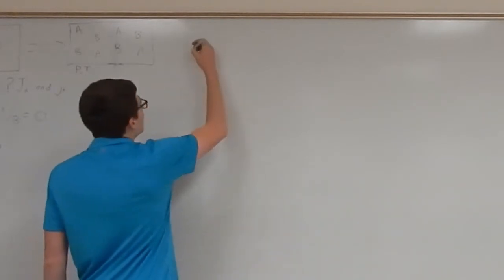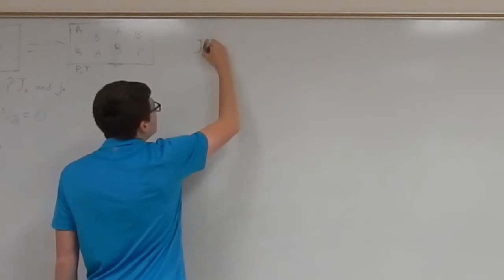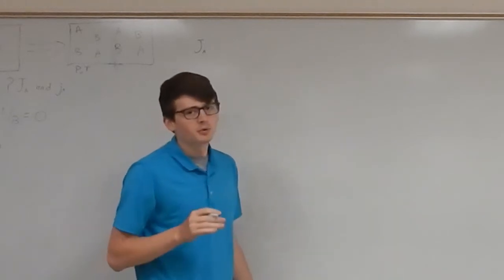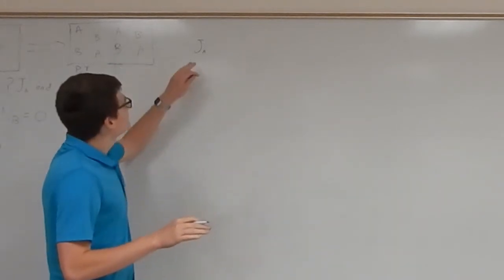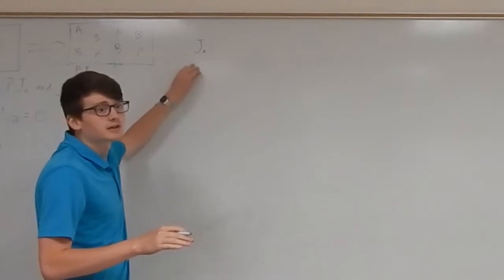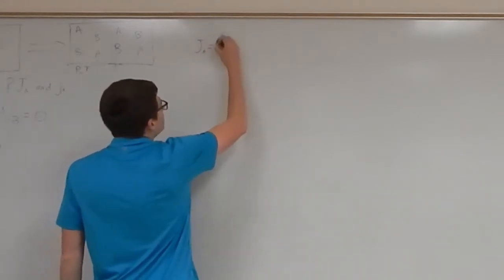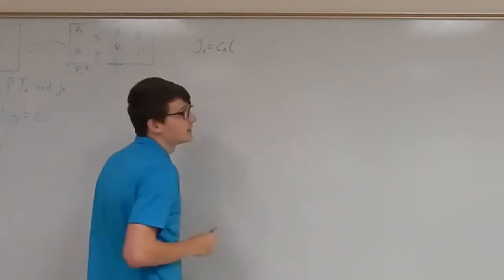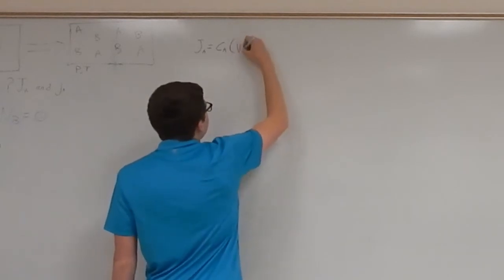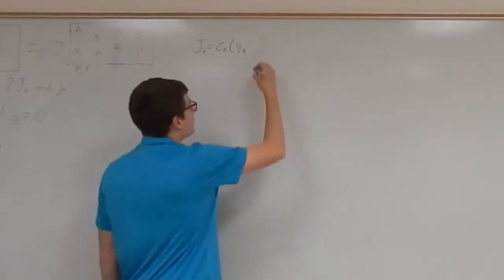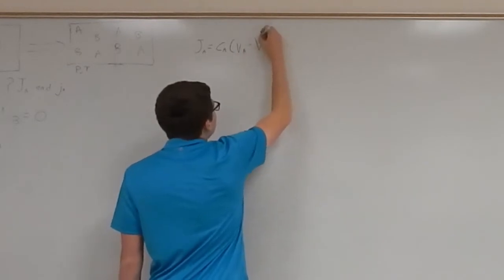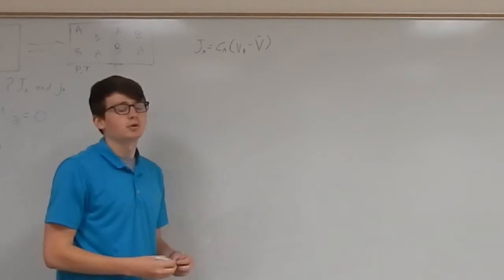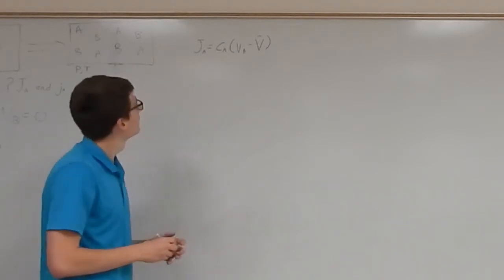The definition of molar diffusive flux for component A is going to be the molar concentration of A times the velocity of component A, from which we subtract the average molar velocity of all the components in the system.